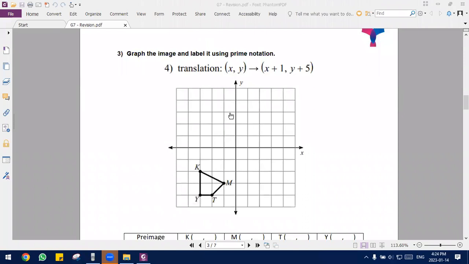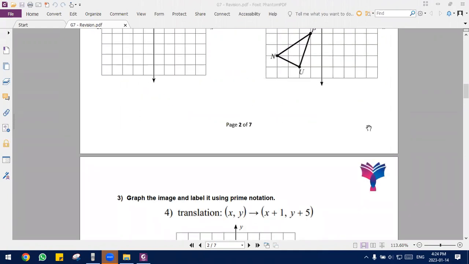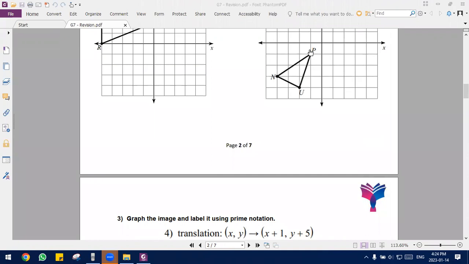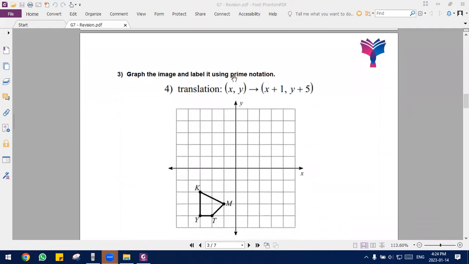Okay. Now for this question, it says graph the image and label it using prime notation. Prime notation means the letters that I was doing here, like P becomes P prime, U becomes U prime, and so on. So here they are giving me a mapping notation. What is it?